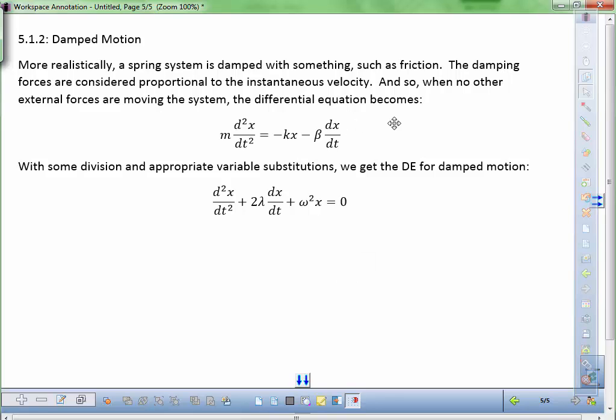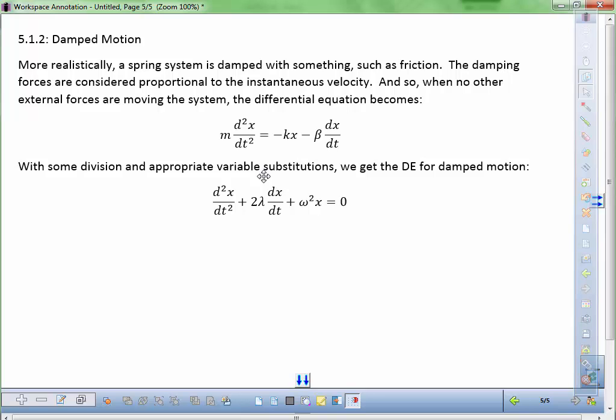And when they bring it over to one side to make it look like a standard form or general form or whatever it's called, differential equation of some form, they change the notation. Instead of calling it positive beta, they call it 2 lambda, because lambda apparently looks nicer for some reason.